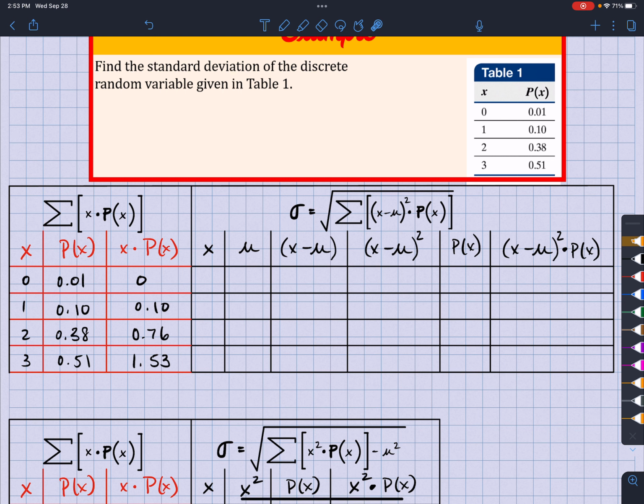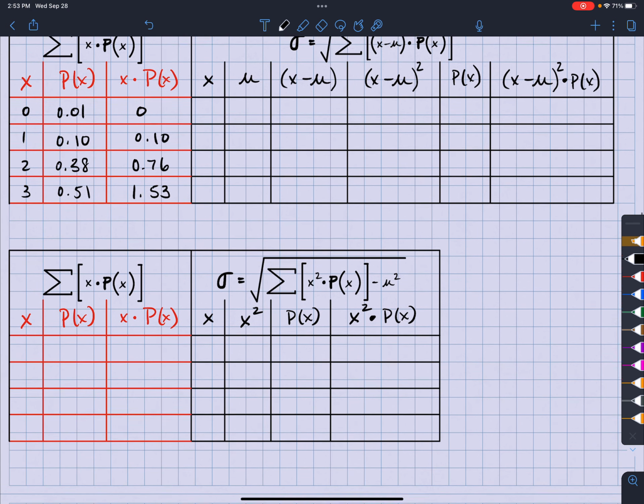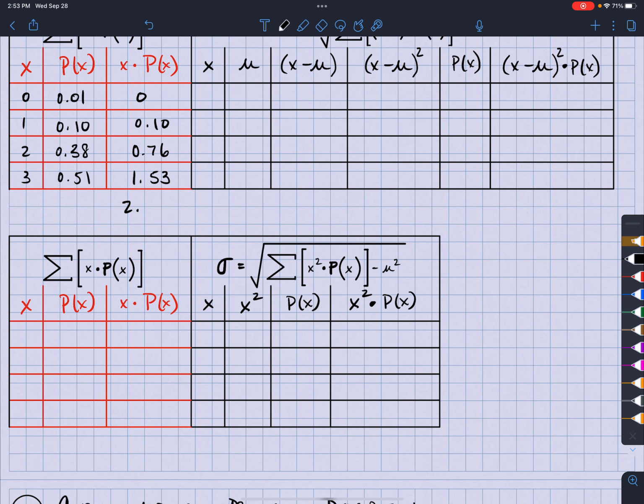So I add the 1.53 with the 0.76, then add the 0.1 and the 0. The sum is going to be 2.39, and that's going to equal my mean.